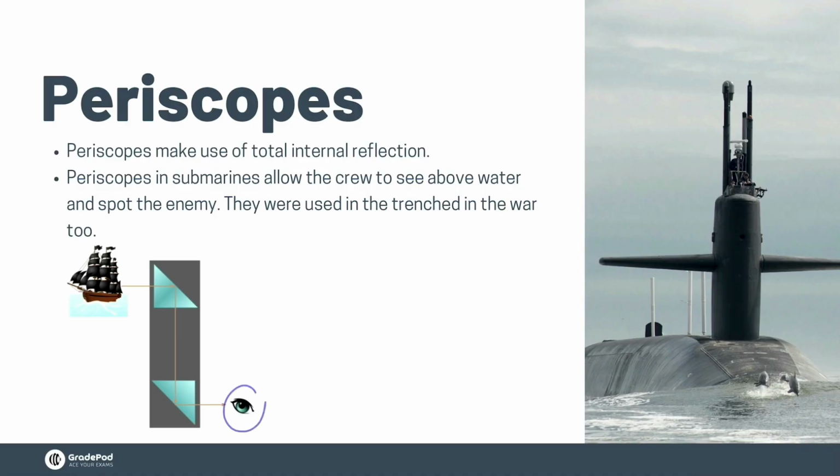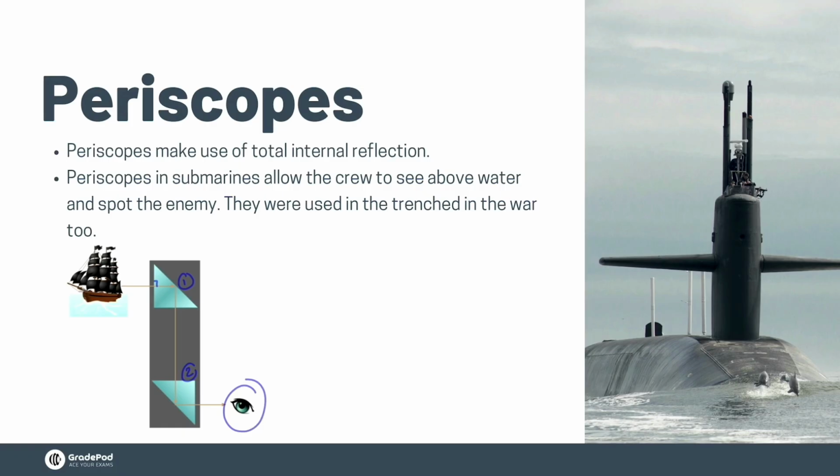If you imagine you're a man down here inside a submarine, we'd have a prism that you have set up in two separate ways. You've got prism 1, prism 2. The light from the ship enters the prism at right angles, so it doesn't change direction.